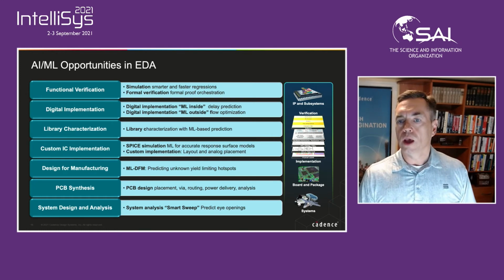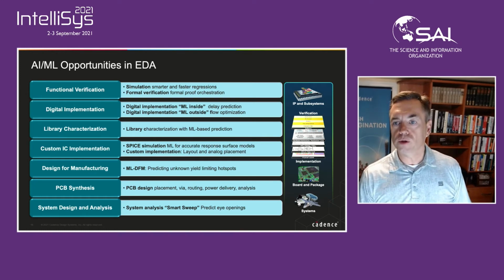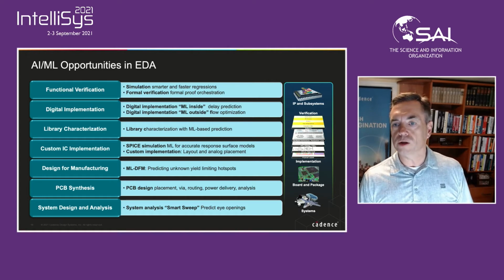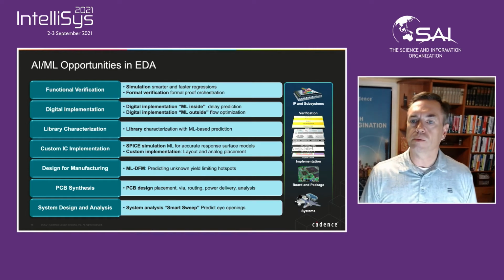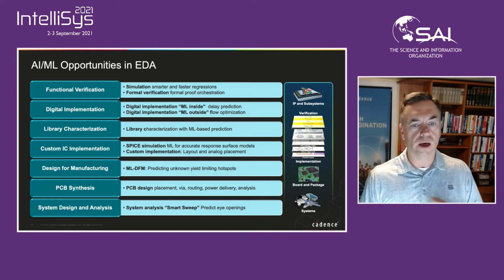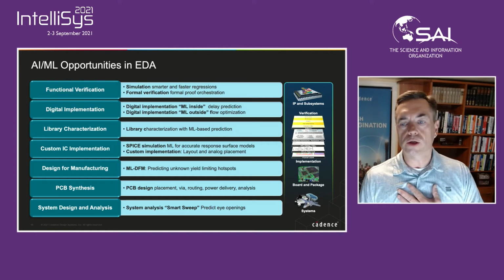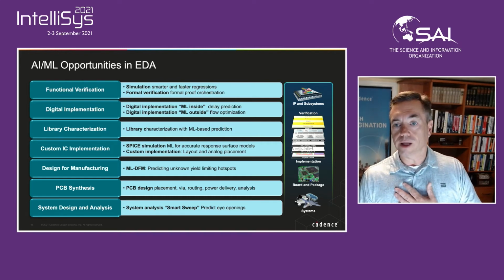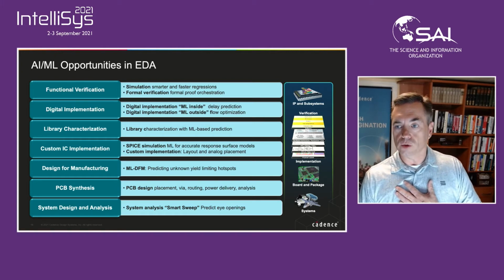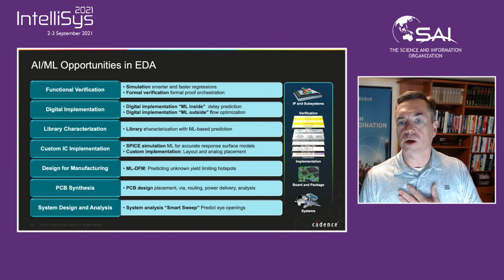operate the tools. I will not be able to go into all opportunities in electronic design automation and system development where AI ML is applied. I'll talk much more about the verification portion and the digital implementation portion in the remaining 10 minutes. There are many more opportunities here for applying AI ML, and we are looking forward as Cadence working with you, the research and experts community, on ideas how to exchange thoughts there and how to look at different disciplines, how AI ML is used there.